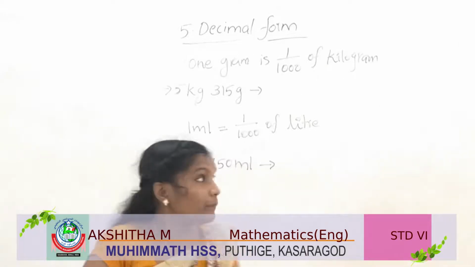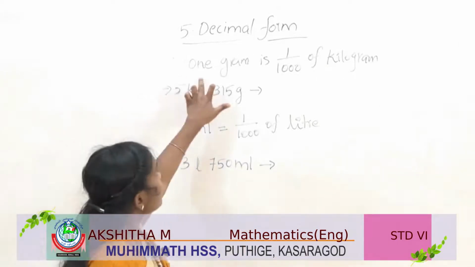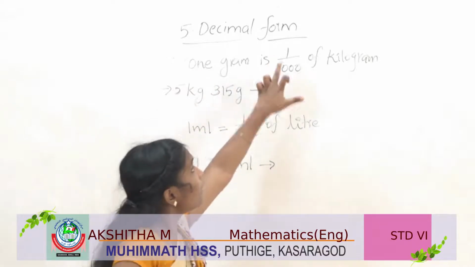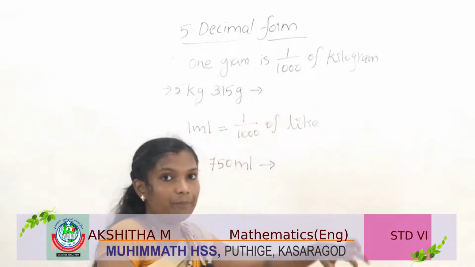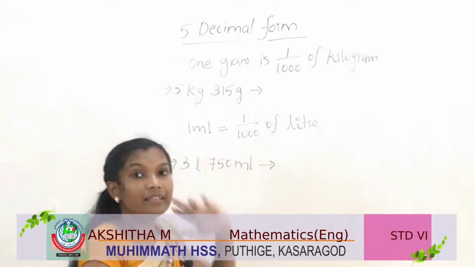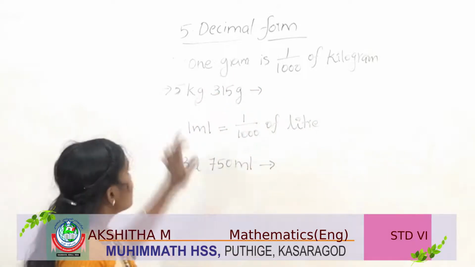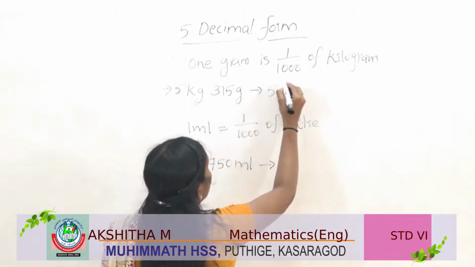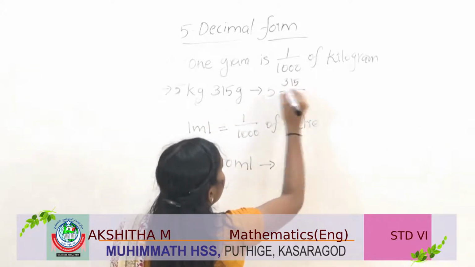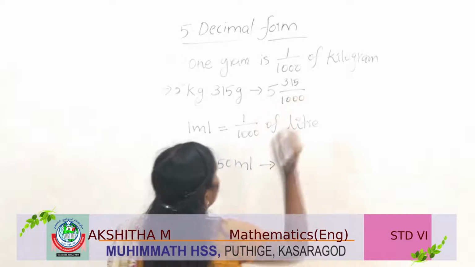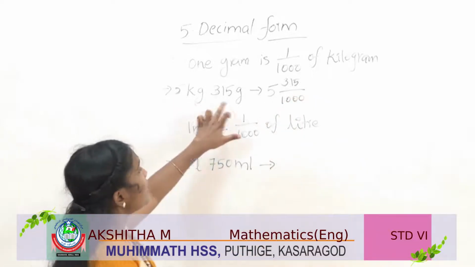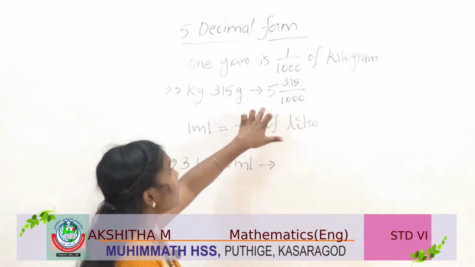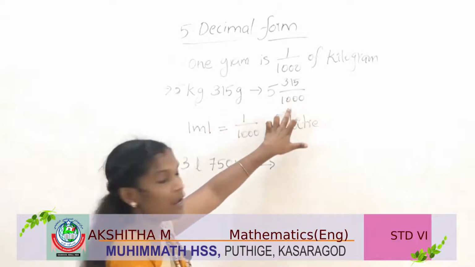Look at the next one. Here you can see 1 gram is 1 by 1000 of kilogram. So its fraction we should write 315 by 1000. 5 kilogram 315 gram in fraction we can write 315 by 1000.